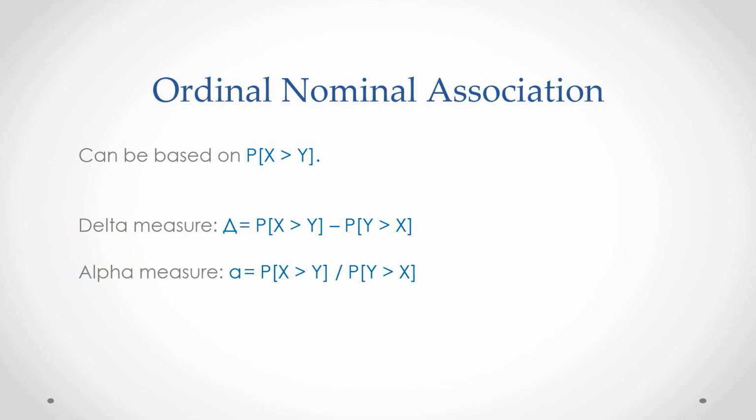In the case when satisfaction does not differ with gender, we would expect probability x greater than y to be equal to probability of y greater than x, and hence the delta measure to be equal to 0. Similarly, the alpha measure is a ratio measure, and we can use the value of the alpha measure to make inferences about the extent of association between the ordinal and nominal variable.